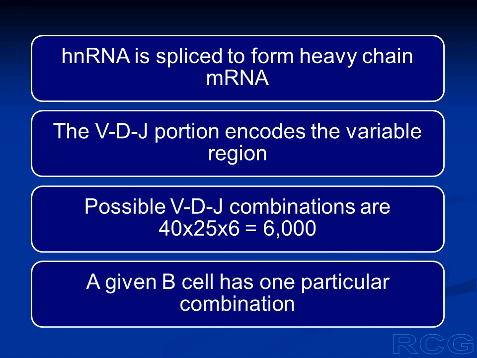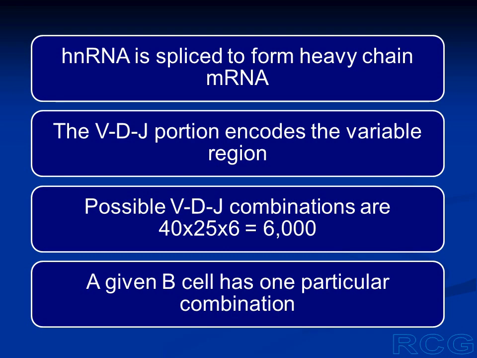So in this messenger RNA, the VDJ combination encodes the variable region. And we have seen that the number of genes in V cluster, D cluster, and J cluster are 40, 25, and 6 respectively.